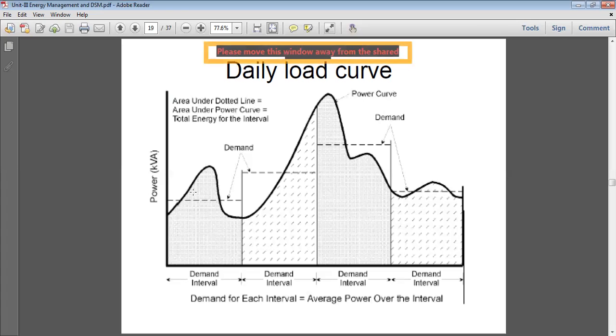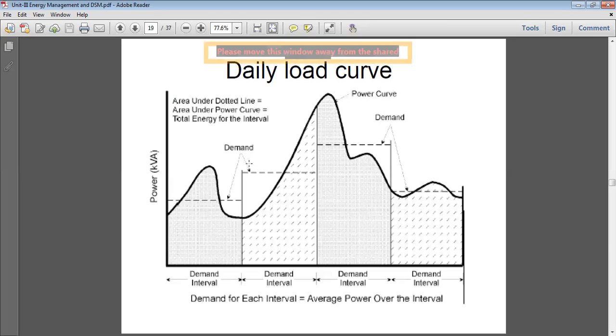Okay. When the load curve is somewhat flattened, your load factor will be towards unity, isn't it? For example, the maximum demand is 100 megawatt and the average load is 50 megawatt. So we can say that the load factor will be only 0.5. Whereas if the maximum demand is 70 megawatt and average load is 60, then 60 divided by 70 is very near to unity.